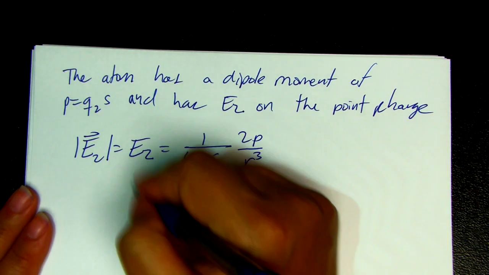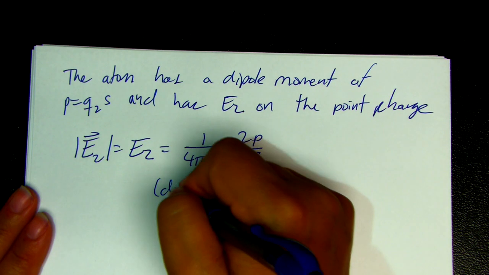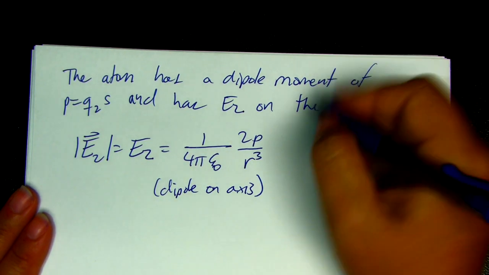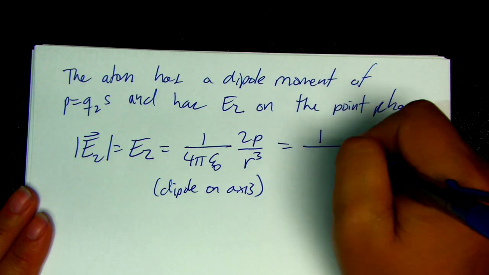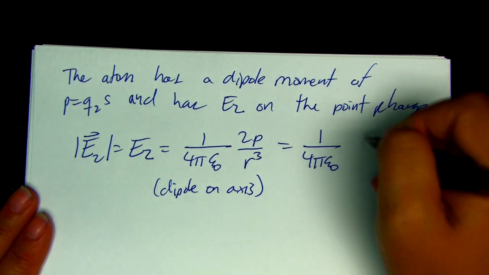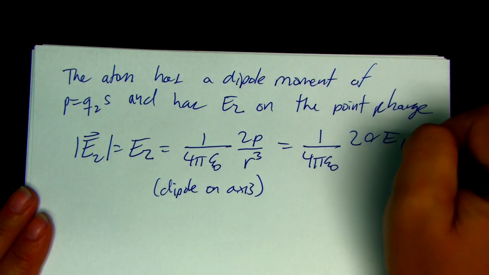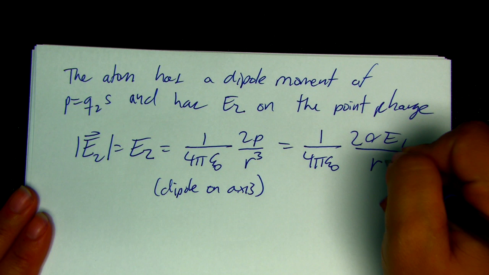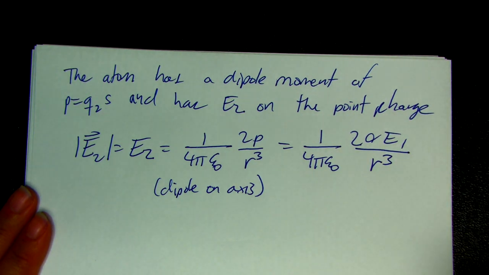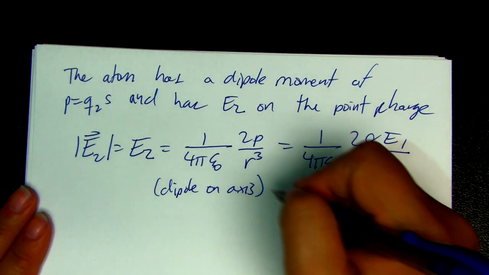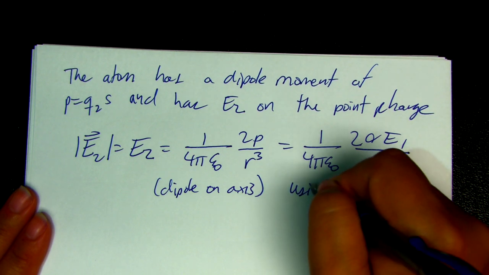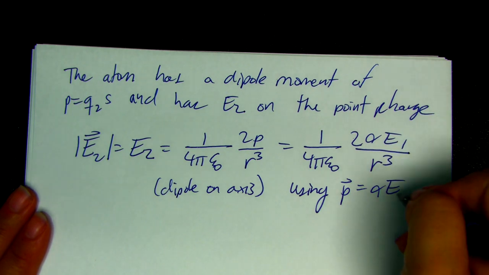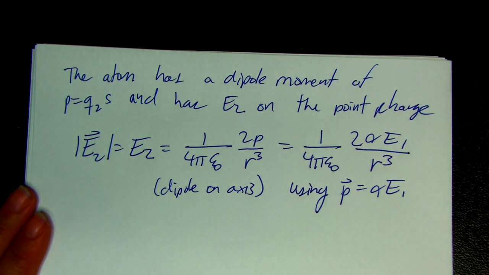So this is the electric field of a dipole on axis. And this is equal to 1 over 4 pi epsilon naught 2 alpha E1 over r cubed. And for this, what we did is we substituted in p equals alpha E, and in this case it would be E1.